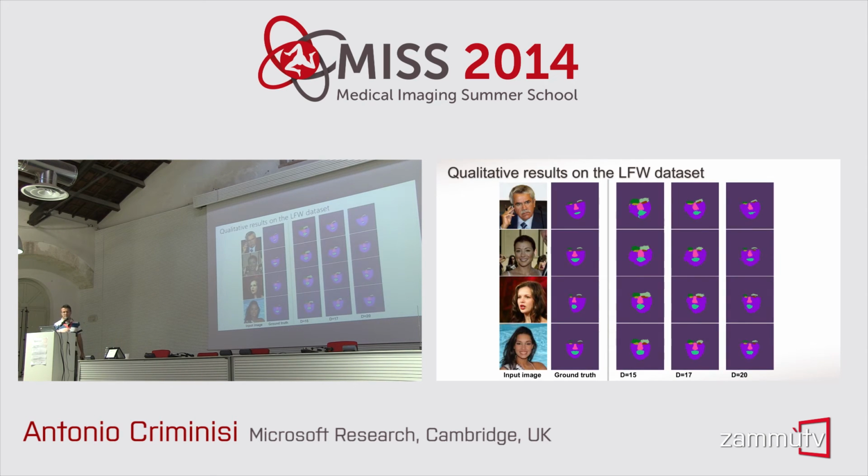Just to give you some qualitative results first. What you see here is the original image, which in these images is already cropped. It comes this way in the dataset. What you see is, again, the effect of different tree depths.